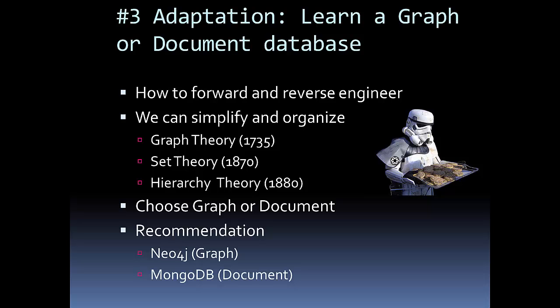Everything we do with normalization predates Chris Date's paper on normalization by over 100 years. What we do in normalization is really set theory, and that goes back to 1870. And hierarchies, we deal a lot with hierarchies. That goes back also to the 1800s, 1880s. So I actually think we would have the perfect mindset to pick up some of these newer technologies.